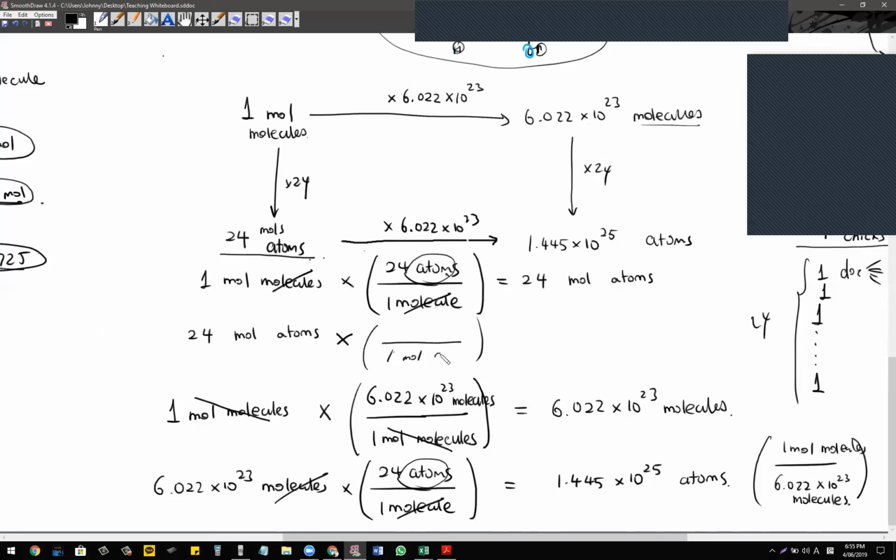For 1 mole of atoms, we have to use a different conversion pair. 1 mole of atoms is 6.022 times 10 to the power 23 atoms. So in that case, mole of atom cancel out. So you just get atoms, which is this number here.